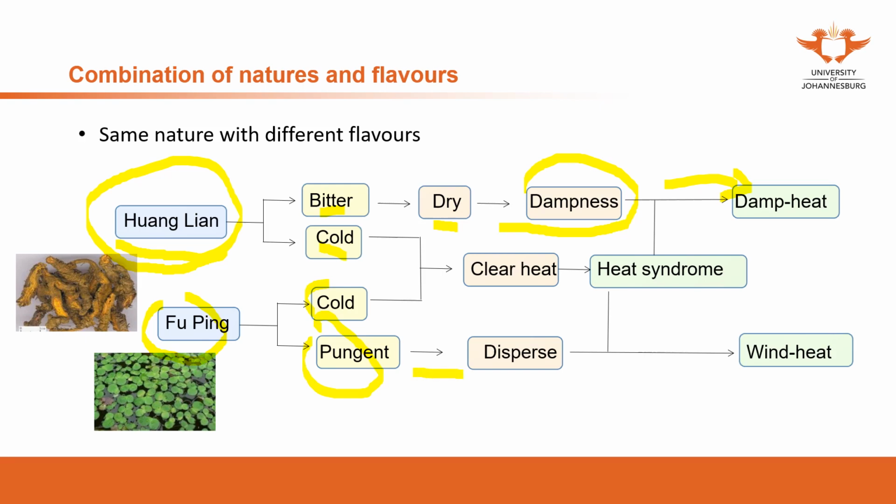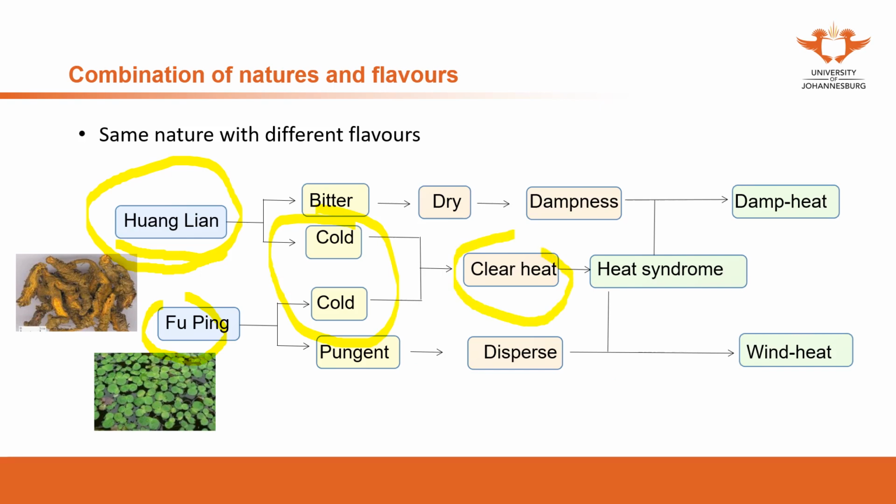Pungent can disperse, can be used for wind heat, can disperse wind because it can clear heat. Both of them can be used in a heat syndrome because they are cold, so they can clear heat.